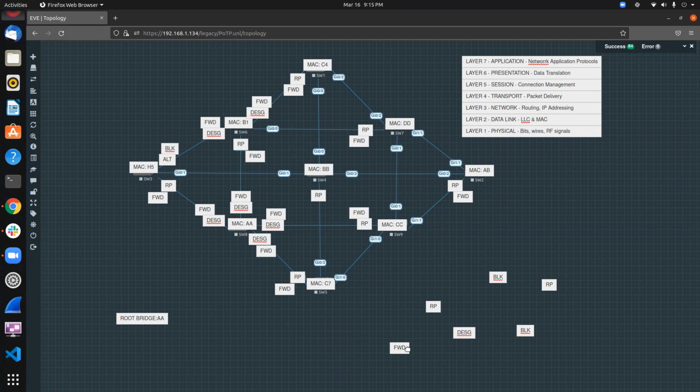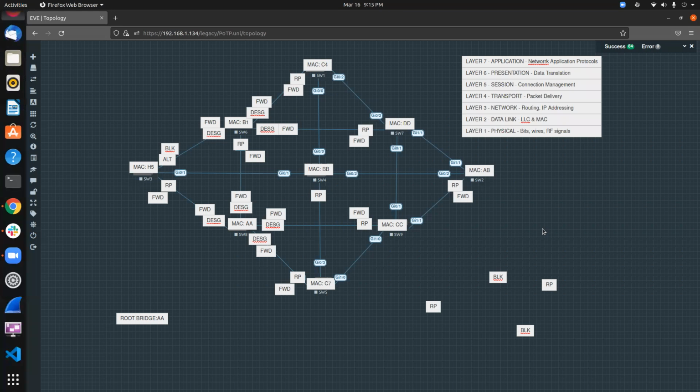So what do you want to do on that interface on switch 6? Switch 7? Yeah, I would go designated forward on that one. Why? Again, it has the lowest bridge ID, and we had to make a decision because the RP path was clear.